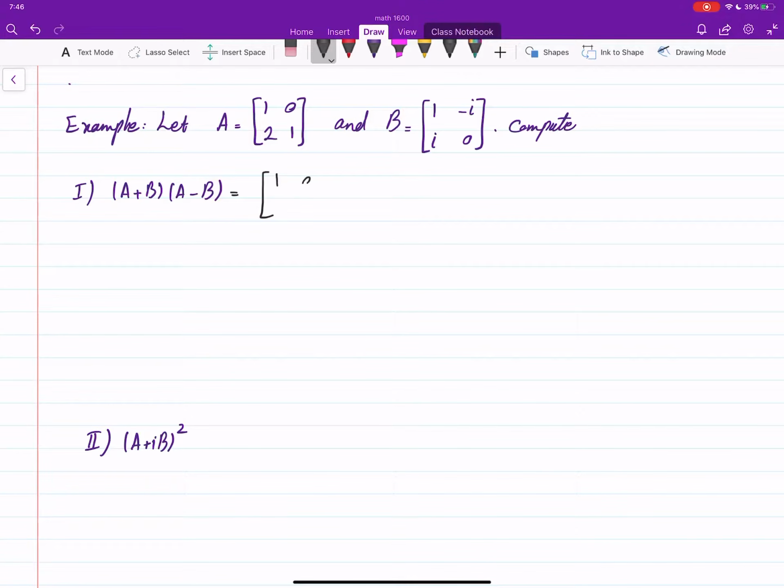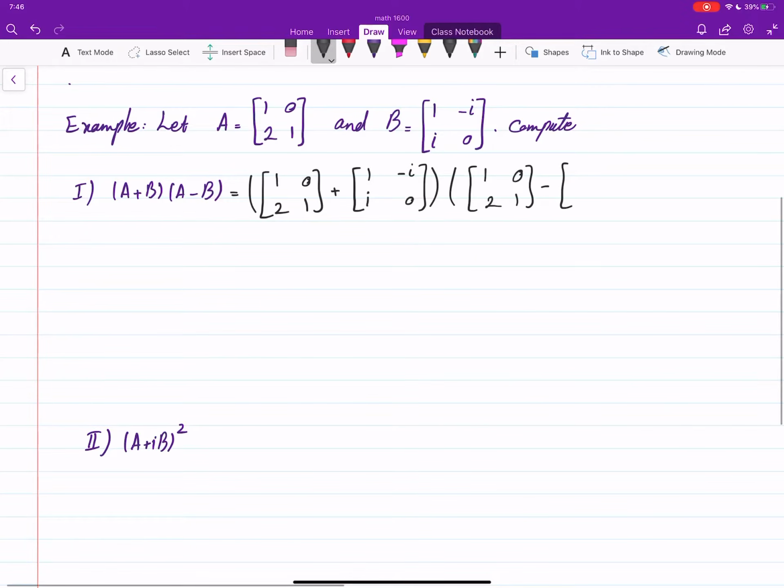A plus B and then A minus B. So we have now two complex matrices. 1 plus 1 is 2. 0 minus I is negative I. 2 plus I is just 2 plus I. And then 1 plus 0 is just 1.